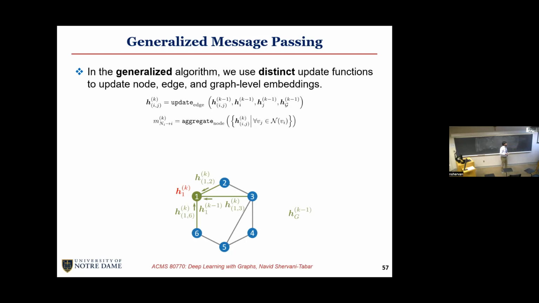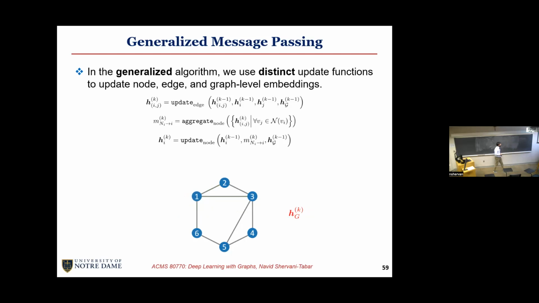And then we combine that into an updated embedding for this node. Mathematically put, we show that using an update node operator, which takes three sets of information and combines them into an updated embedding for node vi.